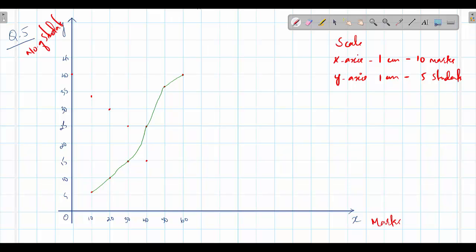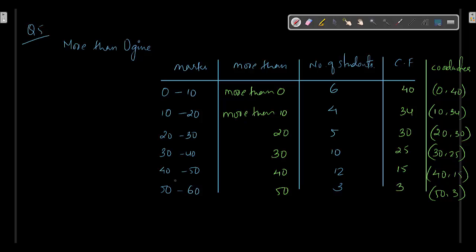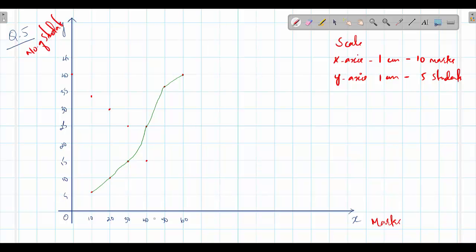Here. Lastly, more than 50 is 3. So 5 is here, so 3 should be somewhere here.